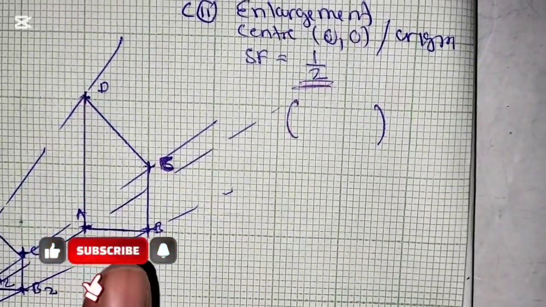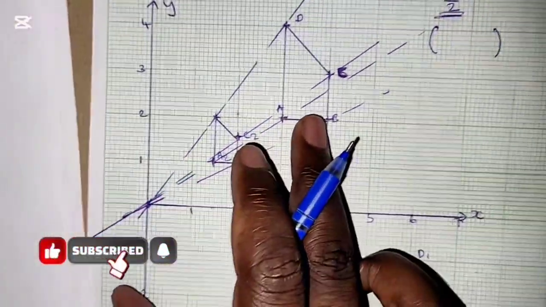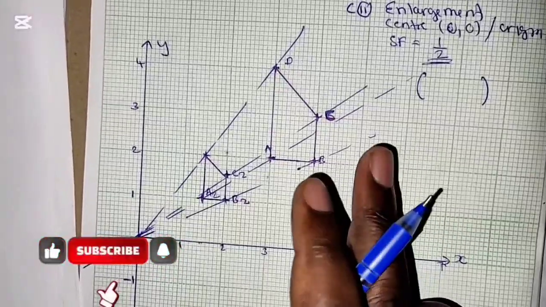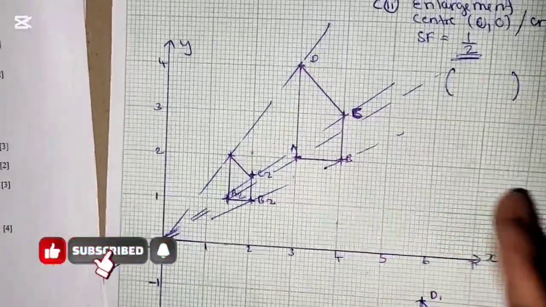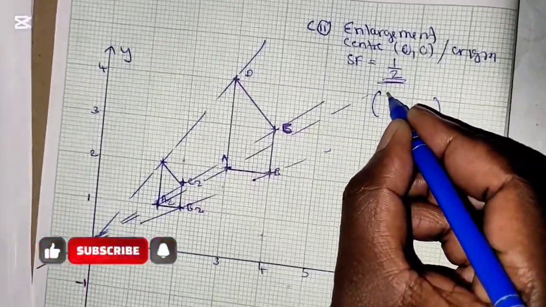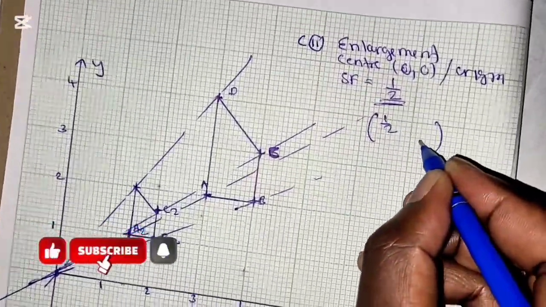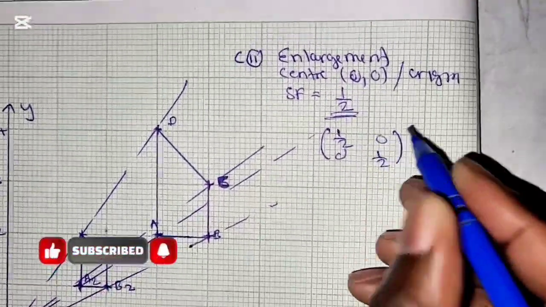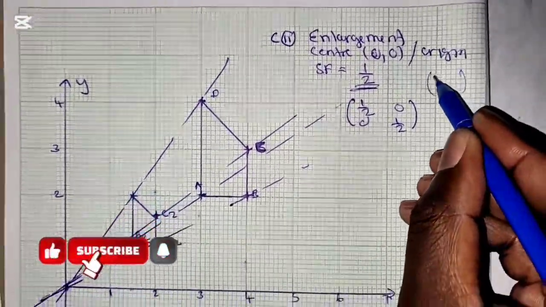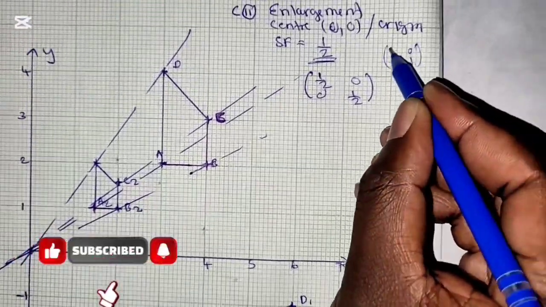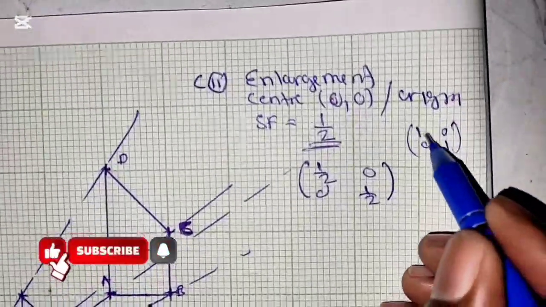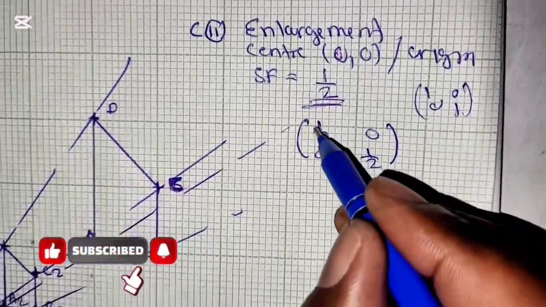Or you can write it in matrix form. As long as it is enlargement, it uses a matrix if the center of enlargement is 0, 0 or origin. So we're going to put half here and half here, then 0, 0, from our identity matrix with 1, 1, 0, 0. These ones here are affected by the scale factor.